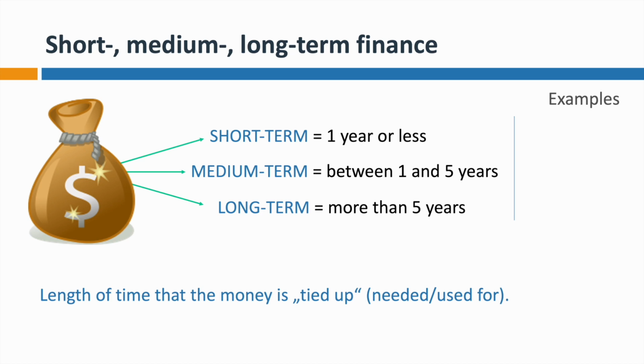And when it comes to long-term examples here, we can have buildings, we can have land. Very often it's very expensive projects or very expensive assets that we're going to be using for more than 5 years. And for those types of assets, we will need to use long-term sources of finance.